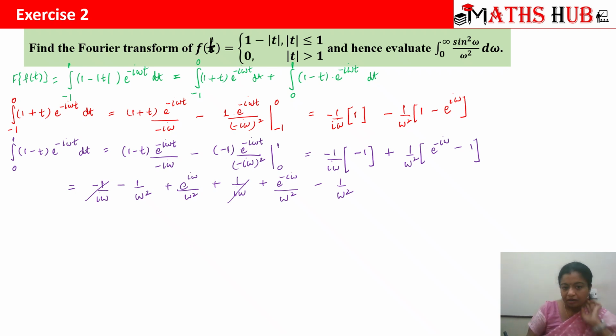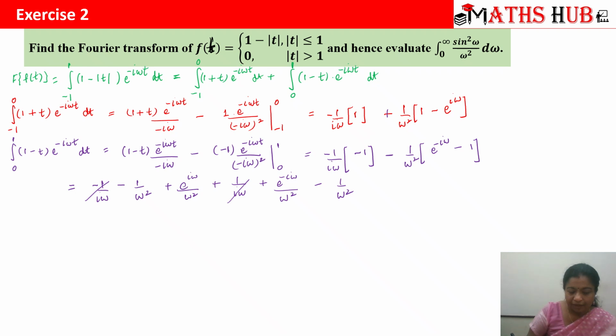Yeah, I think there is a sign error because when I square this term, I will get i square anyhow. So it will be minus, right? So this term should be minus. And this term should be, I think, plus because i square will become negative, so this term will become plus.